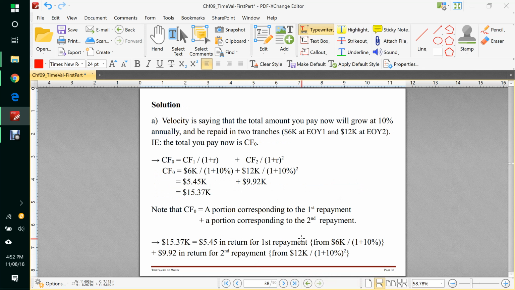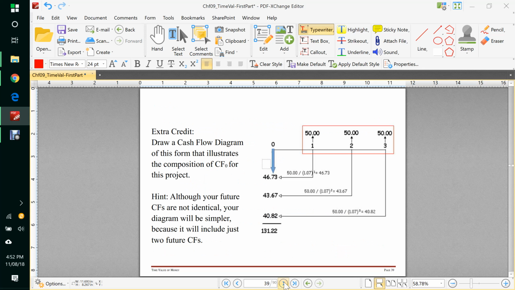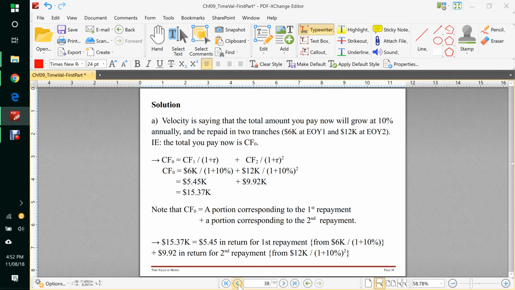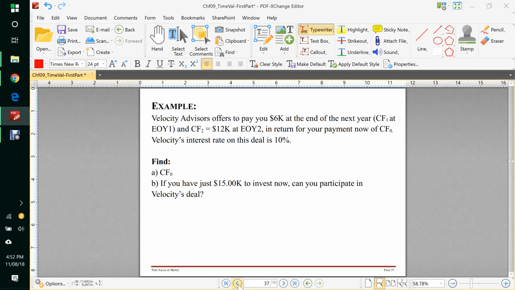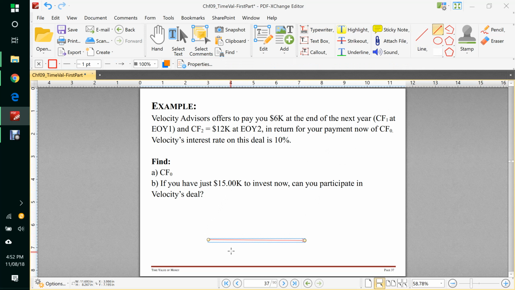Okay, so let's check this out. For the solution here, let me just see if I have a cash flow diagram for this one. I don't have one, but I think maybe I should just go ahead and draw one. So here's our x-axis, and we're going to put in CF0 now.